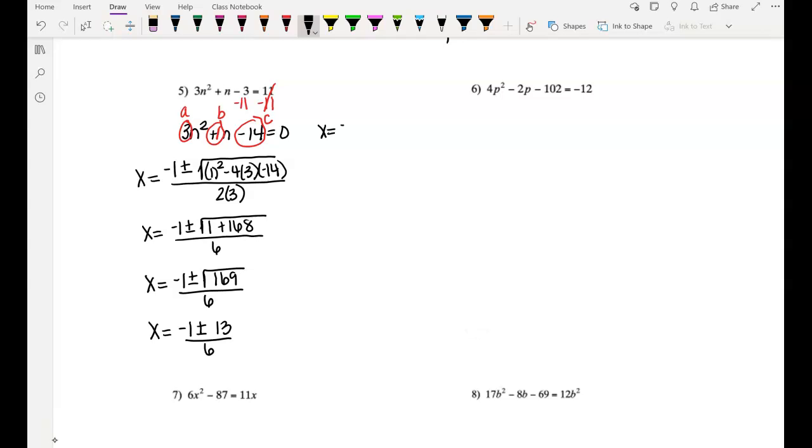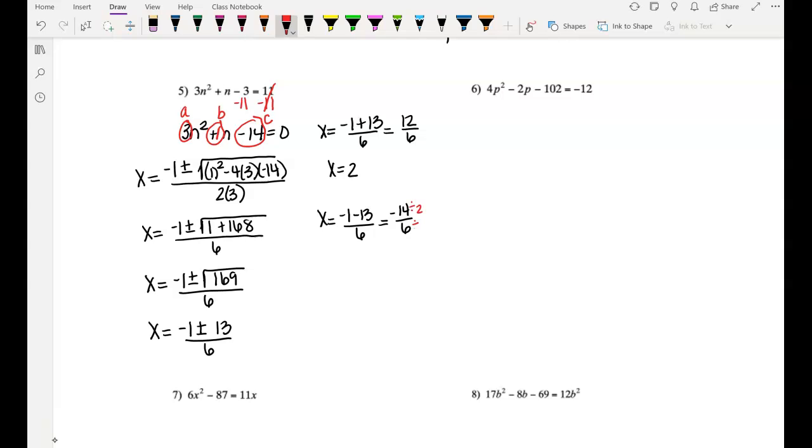So x equals negative 1 plus 13 divided by 6, which would be 12 divided by 6. So x equals 2. And then x equals negative 1 minus 13 divided by 6, which would be negative 14 divided by 6.